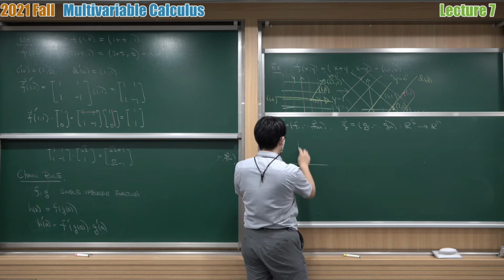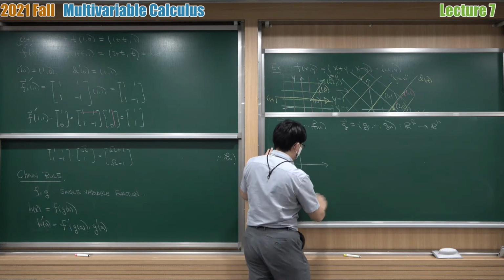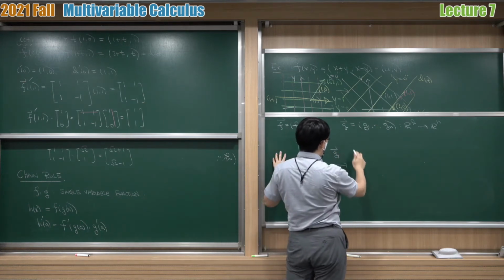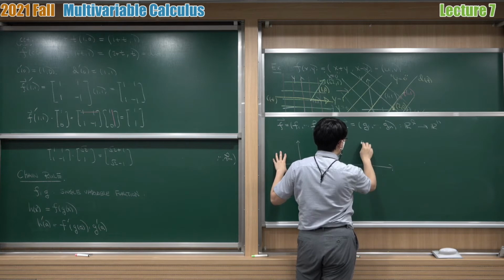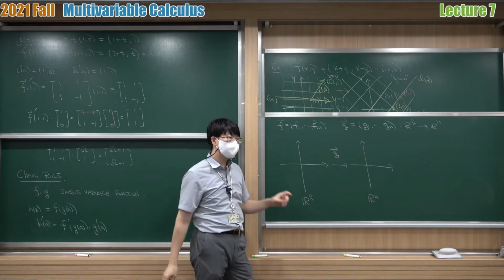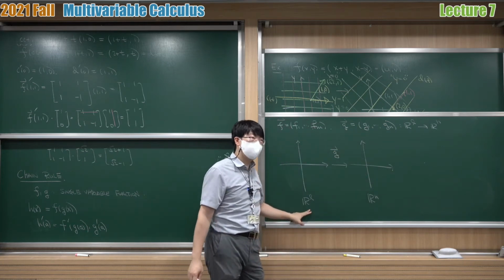So here's the picture. We have L-dimensional space mapped by G onto n-dimensional space. Each coordinate function g_i takes an L-dimensional vector as an input.